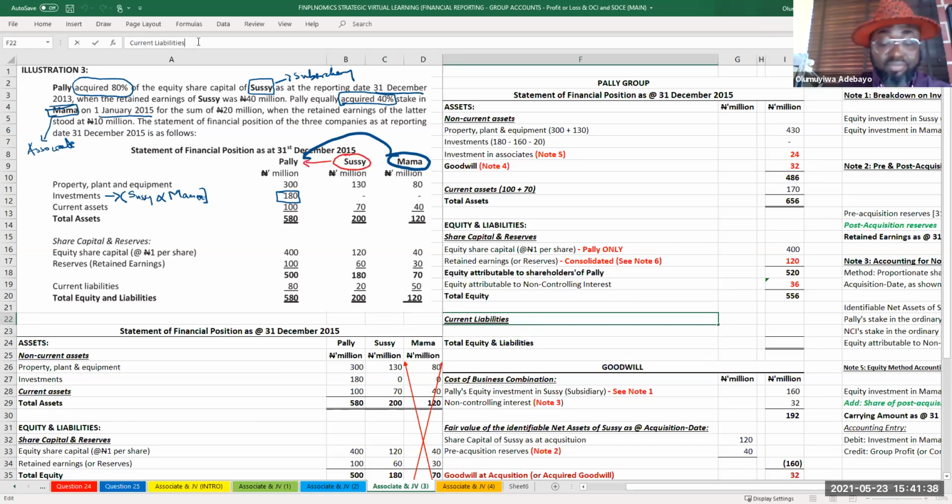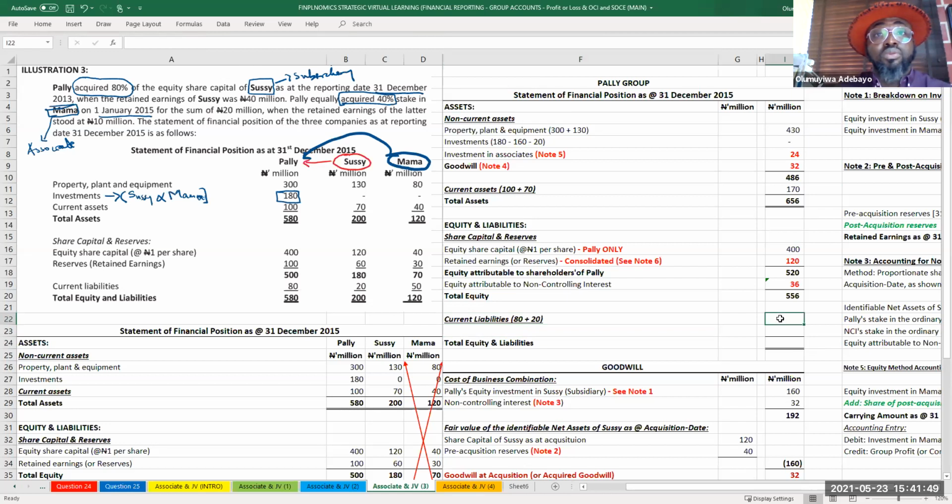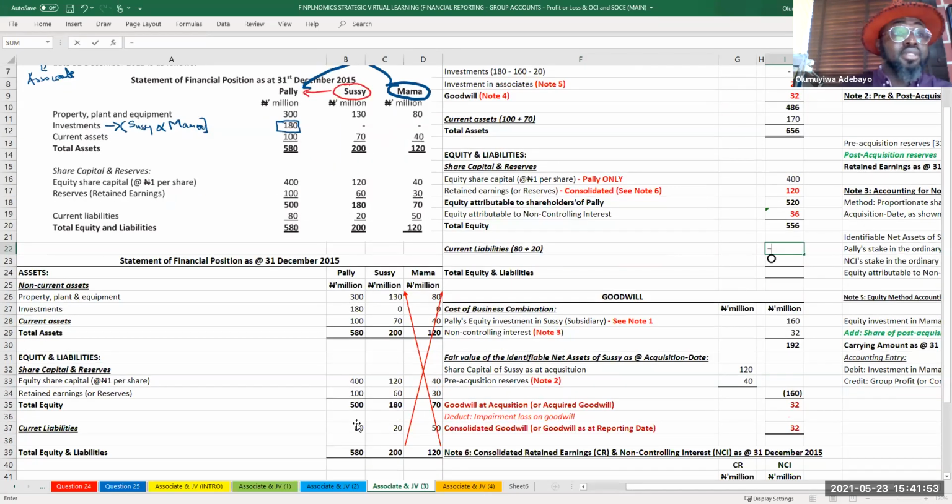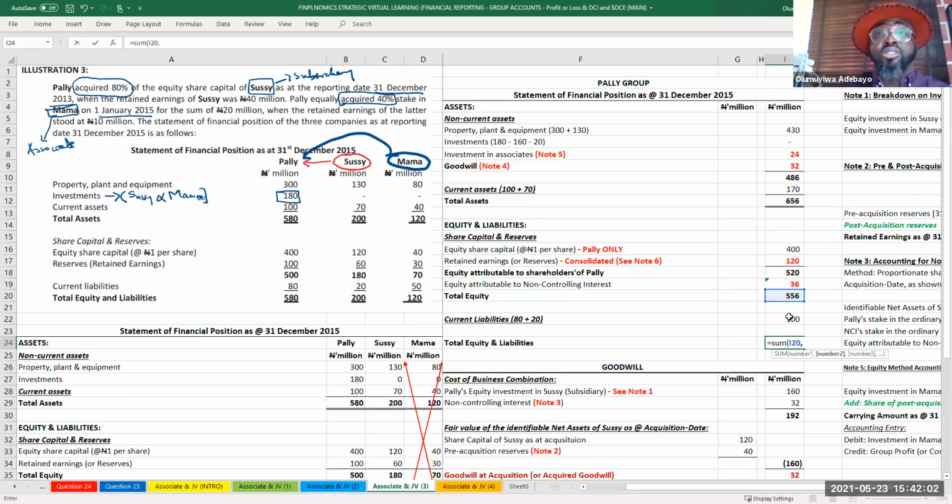What do I have? My current liabilities, I have 80 and 20. I have that. Therefore, I can consolidate this, sum it up, and have my position.